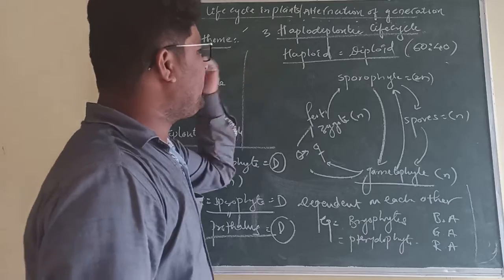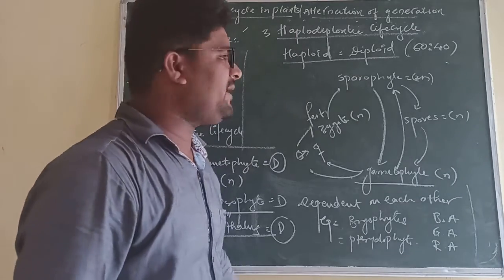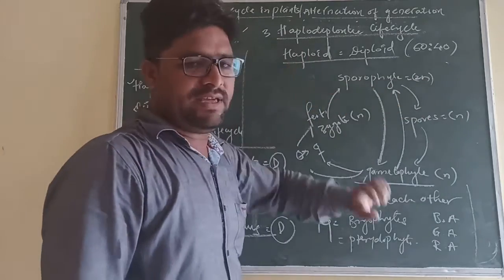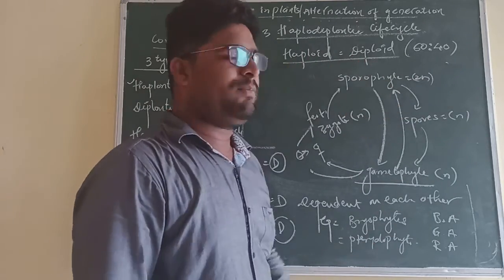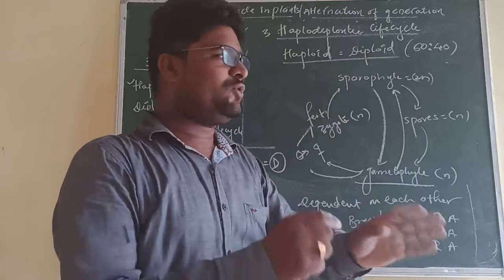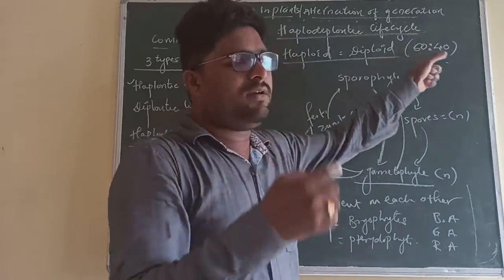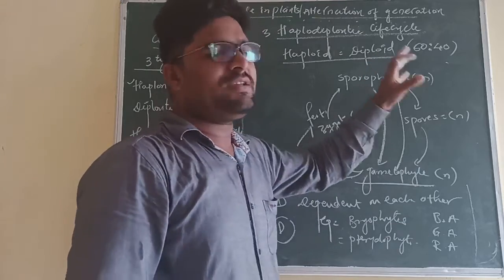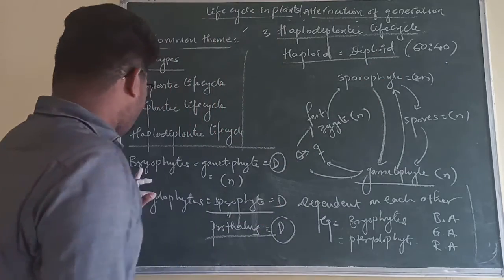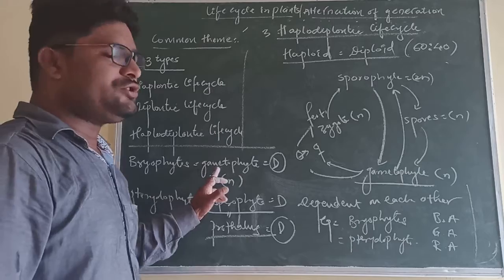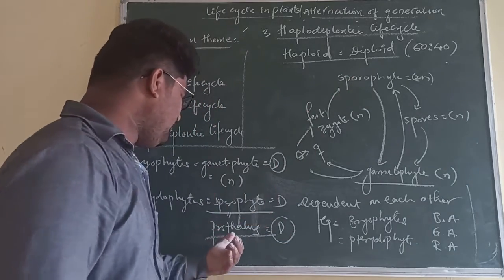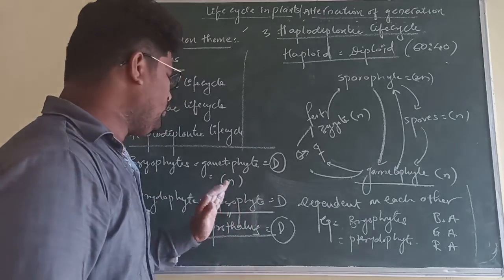So let's take a review. In the case of haplodiplontic life cycle, as important as the haploid stage is, the same will be the diploid stage, and the ratio is 60:40. Whatever stage is dominant will show 60% dominancy. As in case of bryophytes, the gametophyte will show 60% dominancy, and 40% will be of the sporophyte.